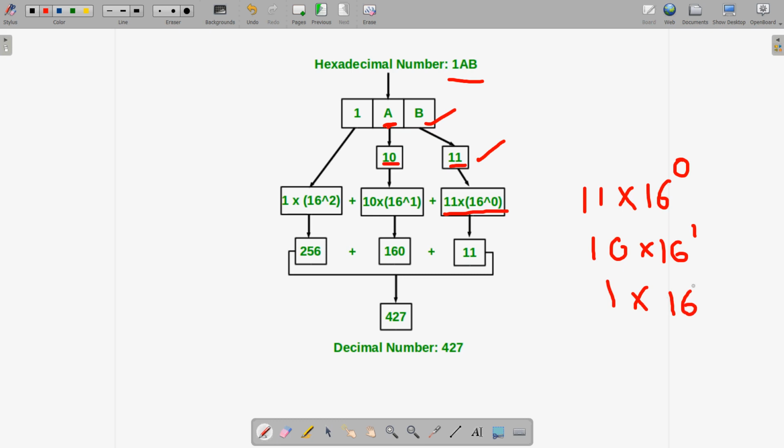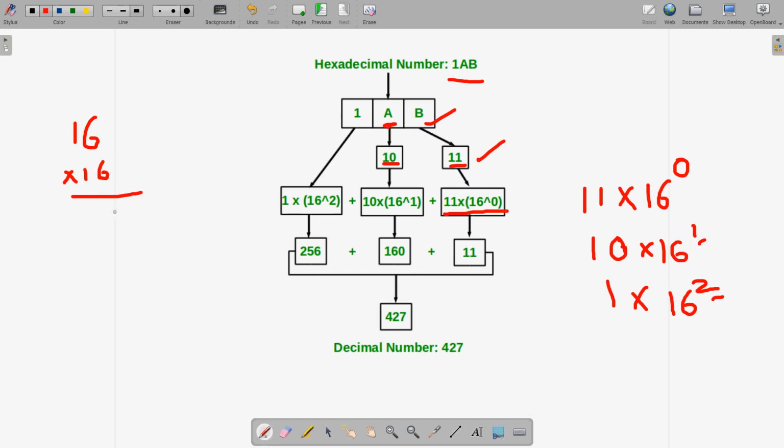Why are we increasing the power? In all of the representations we were doing the same, increasing the power of 16. So 16 raised to the power 0, then 16 raised to the power 1, then 16 raised to the power 2. Clear? So now you can multiply and get the value of these. So 16 power 2 is 256. You can do the calculation 16 into 16 also.